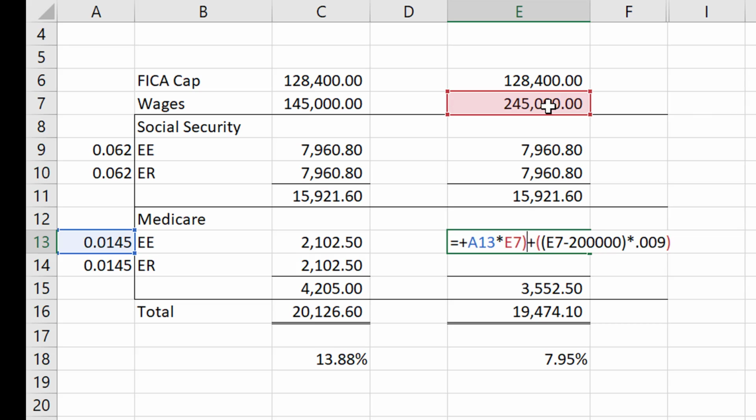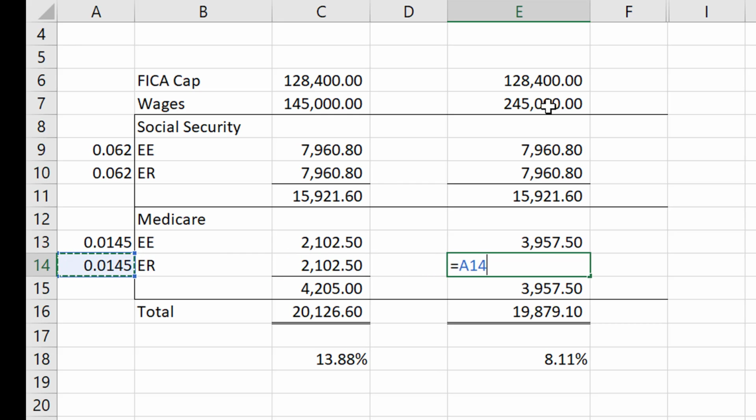Just to make it clear, we'll put a set around this guy too. There we go. Whereas the employer's share is not affected by the additional Obamacare tax. So we just multiplied by the wages. Okay, and you can see that the average rate is now 9.56%.